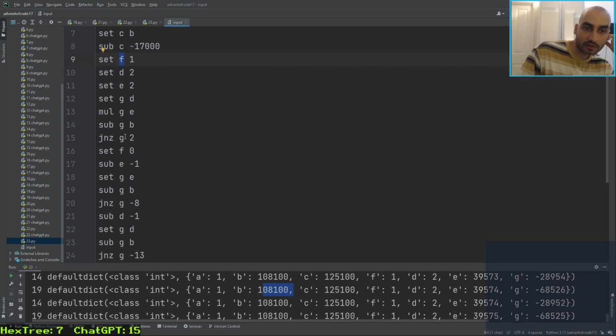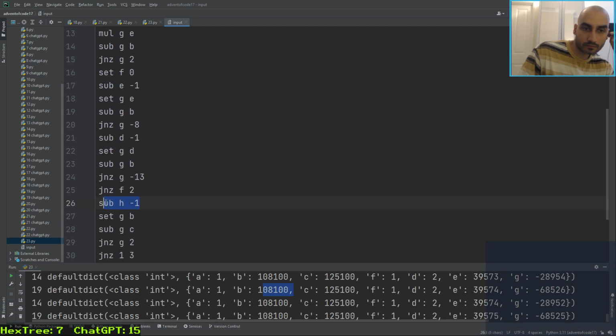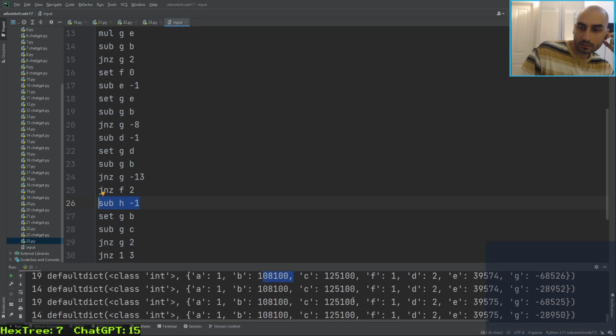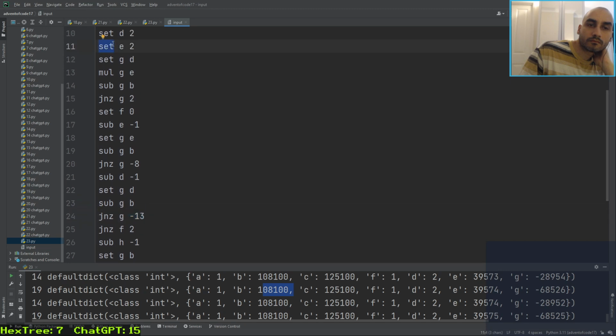So as I said before, H will be decreased if f is 0 here, and we'll only get to this line if g is 0.